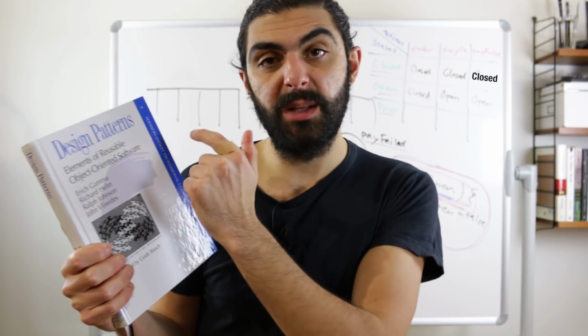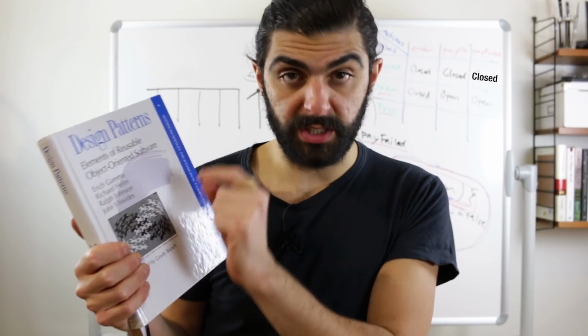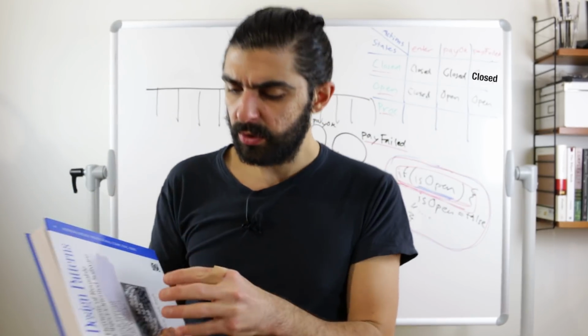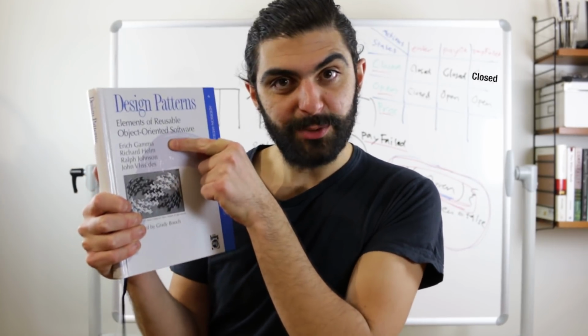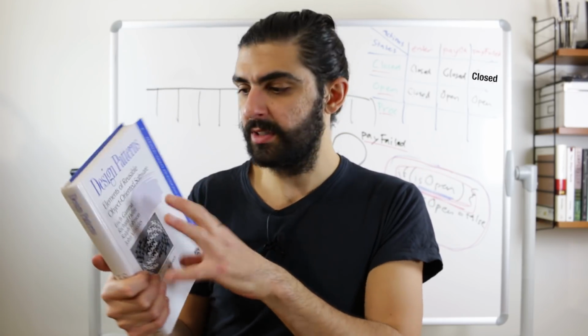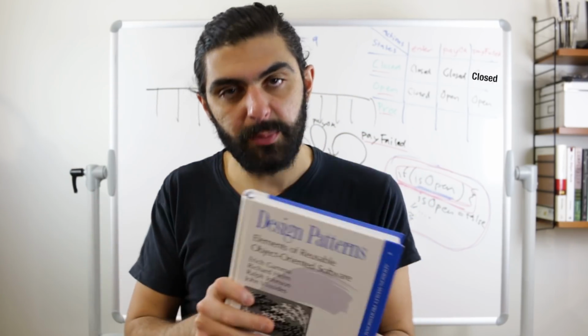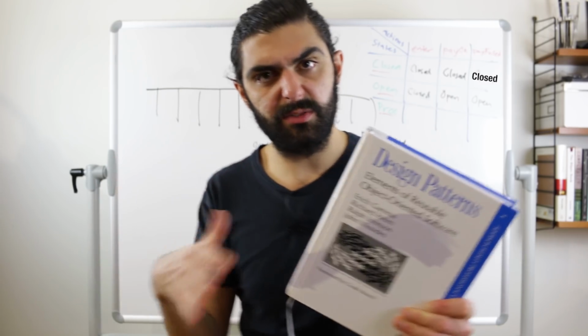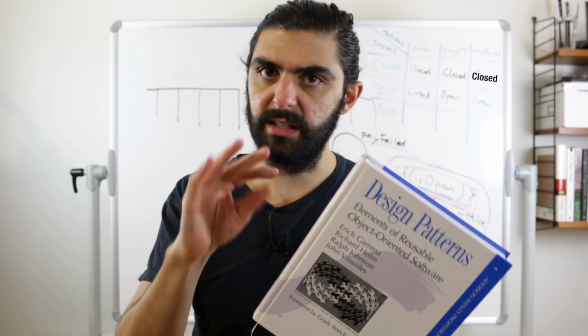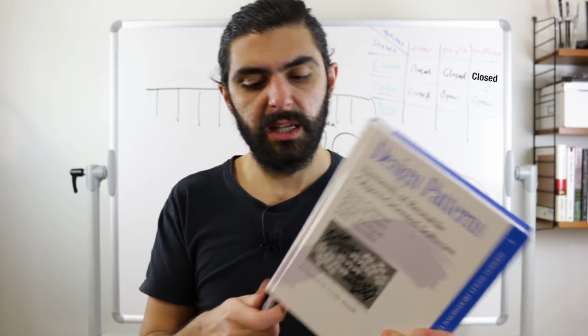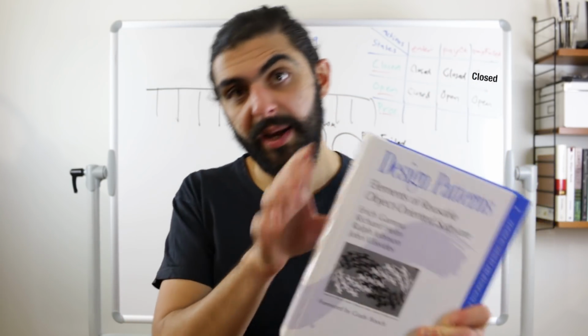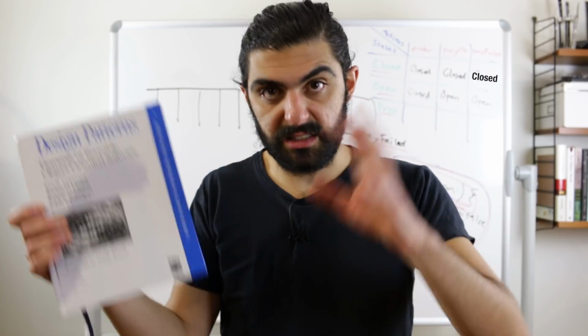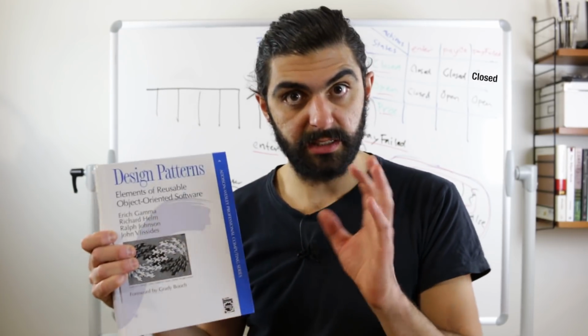So let's read the definition from this book, Design Patterns, Elements of Reusable Object-Oriented Software. By the way, this book is written by what is commonly referred to as the Gang of Four, so 4 authors. And this is the classic design patterns book that took the concept of design patterns, which, as far as I understand, was originally introduced by an architect, and applied it to the realm of software, and essentially introduced this massive collection of design patterns that actually still live today.